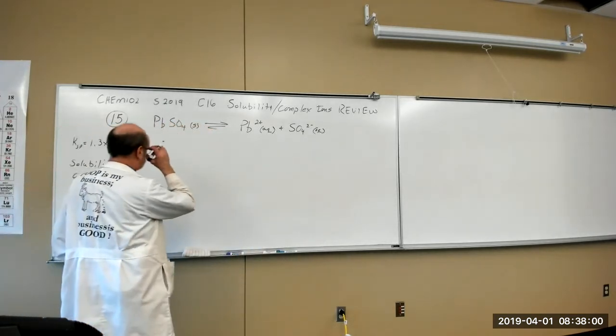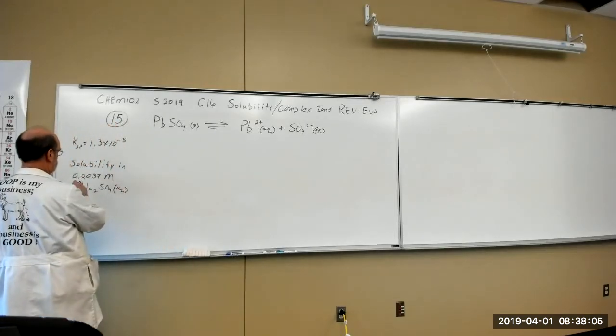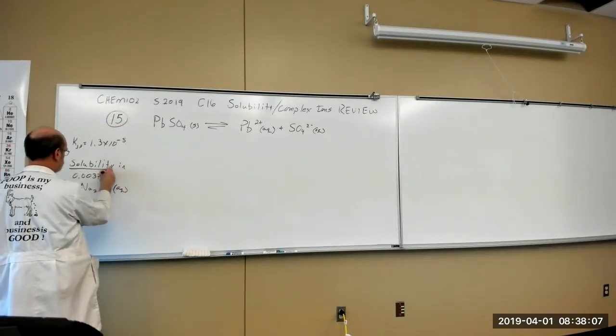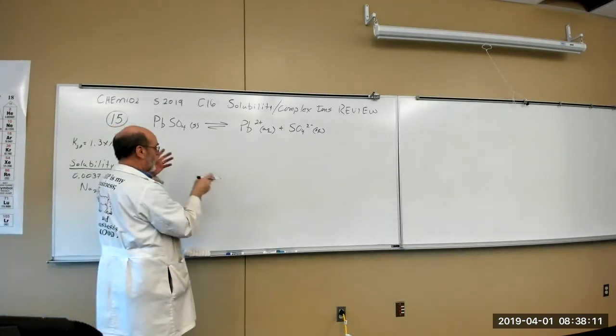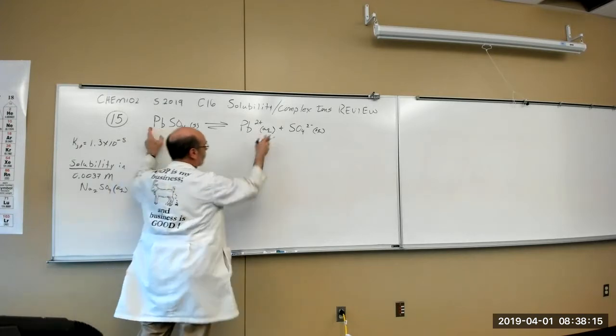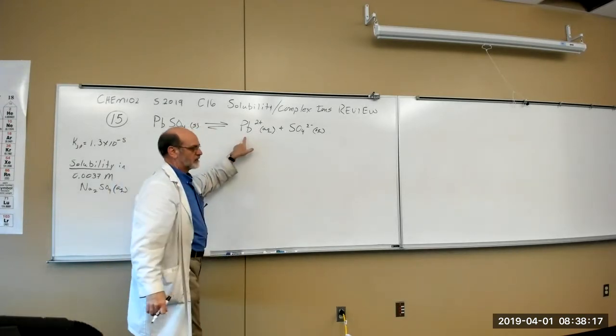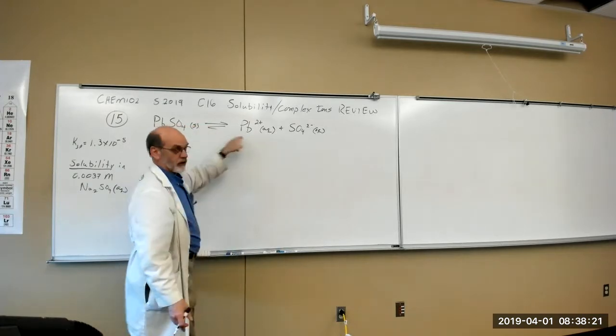So the question is, what's the solubility? And in order to do that, we need to ask ourselves, what's the relationship? So it's 1 to 1 to 1, right? So if we pick this one as our unknown, then it will give us the solubility.